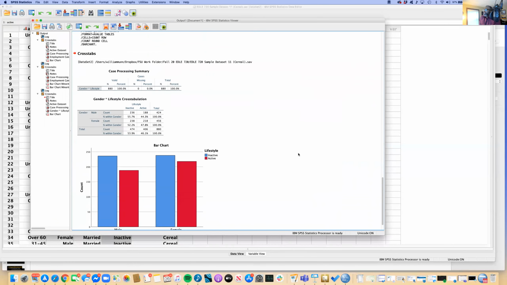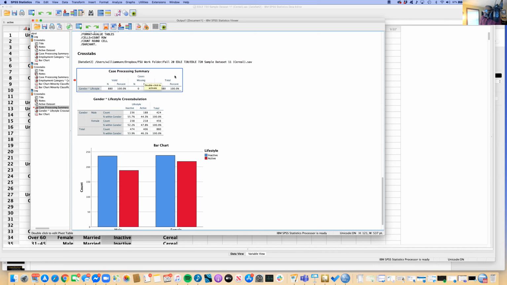All right, how many cases do we have? 880. Does everyone see that? Yes. Okay, it's here in the case processing summary. This always gives you really good information at a glance with regard to your data set. It's also a good way of checking to make sure everything looks right.